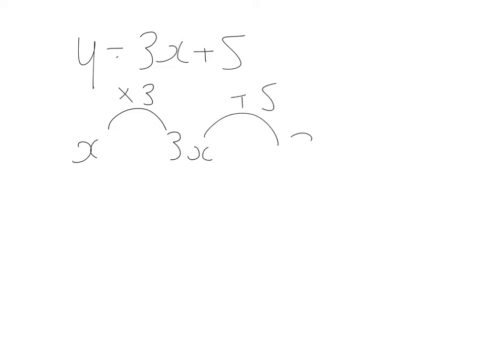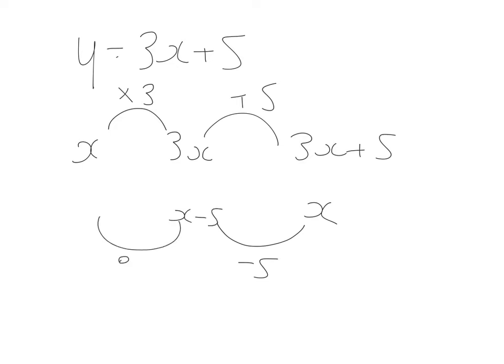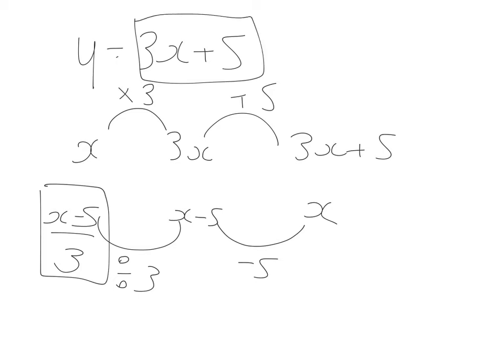Add on 5 and we get 3x plus 5. So basically think about it as if we're undoing that function. So start with x, take 5 away, we get x minus 5. And instead of timesing by 3, we divide by 3, (x minus 5) over 3. So the inverse function to 3x plus 5 is (x minus 5) over 3.